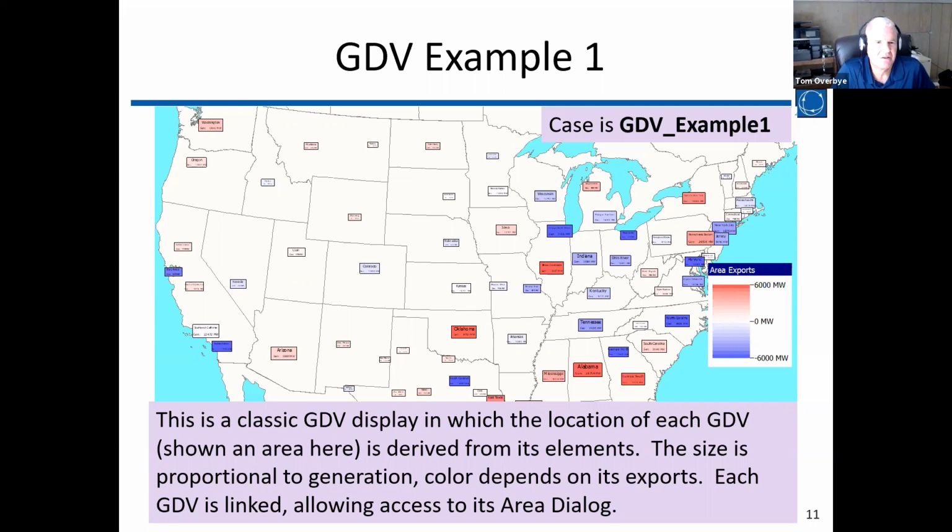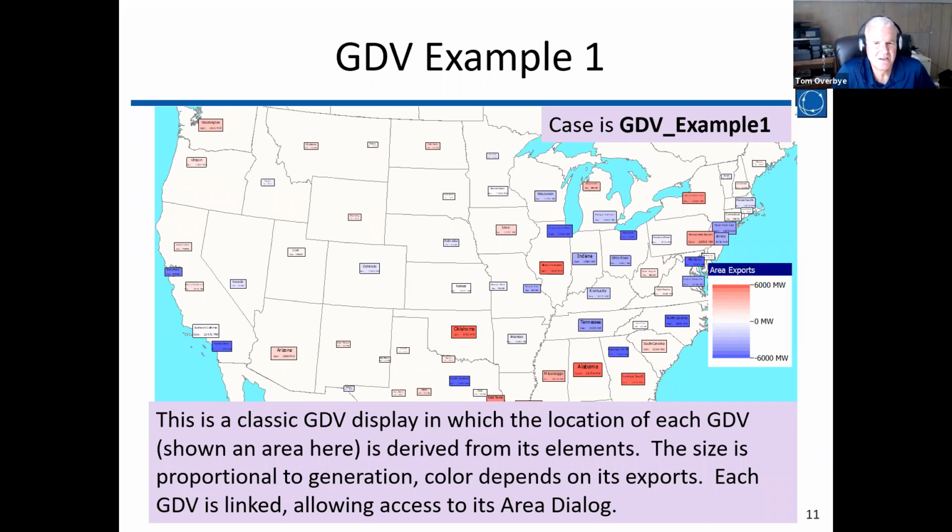The operating areas here are mostly named for the states that they're associated with. And if I wanted to visualize that, I could just go in and select the areas out of the Model Explorer and right click and do select GDV and create this image.